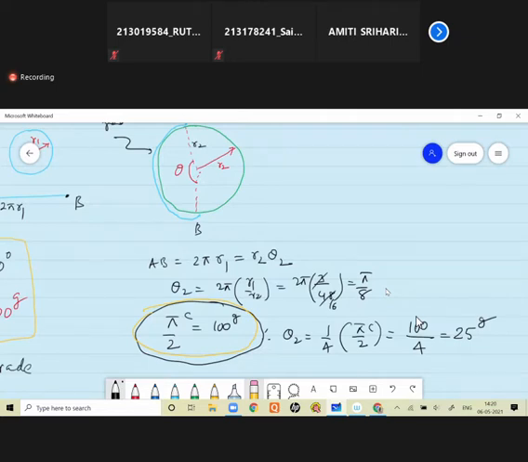Children, have you received it? Measurement of angle. Can you read that part later? Okay, sir, we will read later.